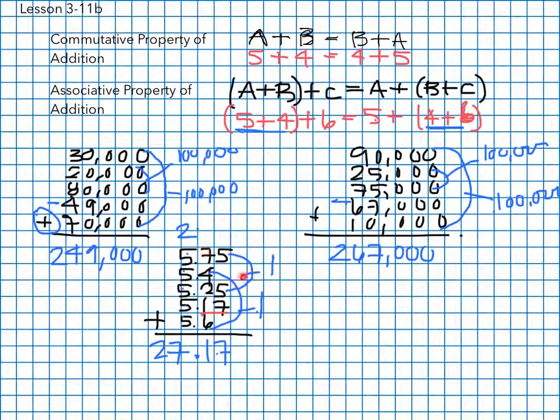I'm sorry, 75 and 25 is 1. So the goal is to make 10 or to make your groups of 100, or in this case, it was 100,000. But whatever makes sense to your brain. Your brain doesn't automatically make groups of 17 or groups of 4. Okay? Your brain makes groups of 10. Let your brain make these groups so you're ready to go.